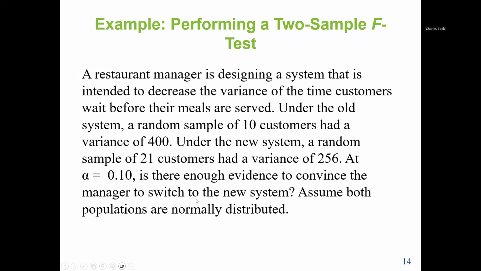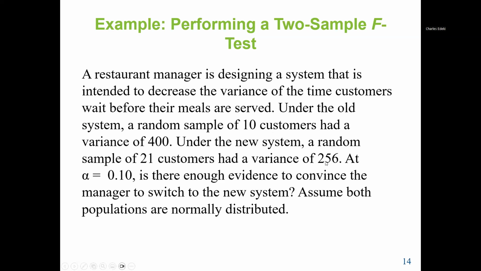And here we are performing again a two-sample F test, which again is hypothesis testing. So here, a restaurant manager is designing a system that is intended to increase the variance of the time customers wait before their meals are served. Under the old system, a random sample of 10 customers had a variance of 400.